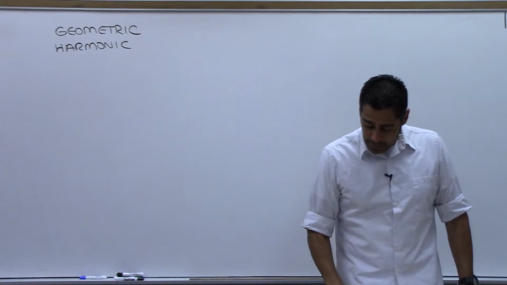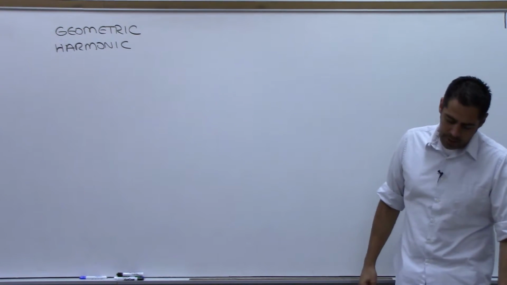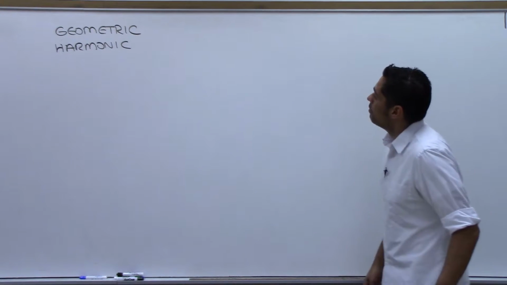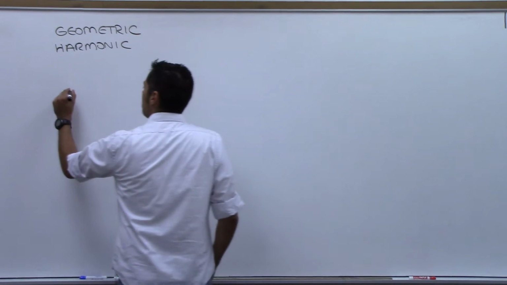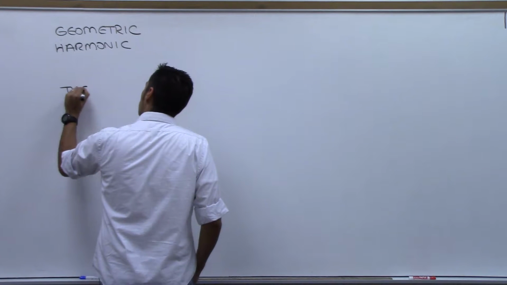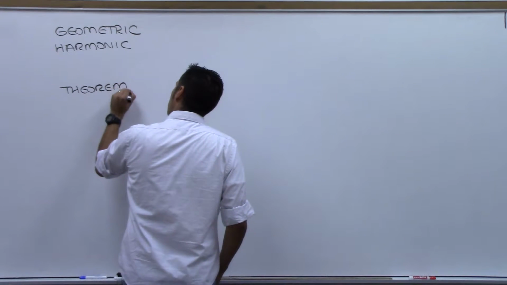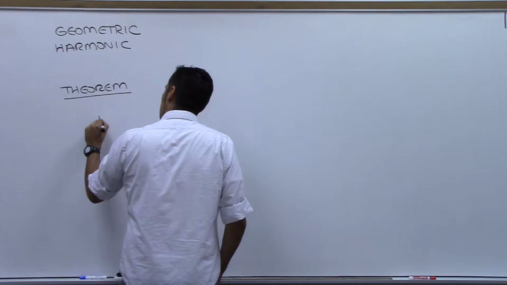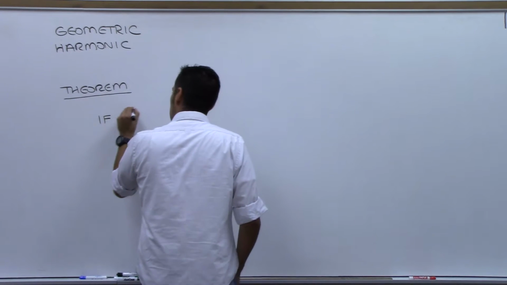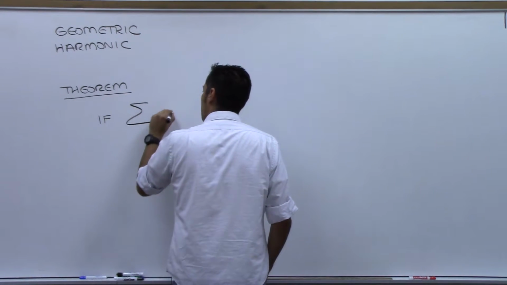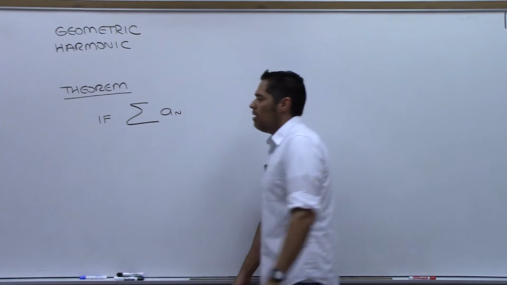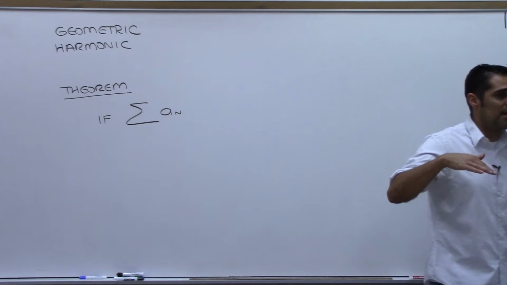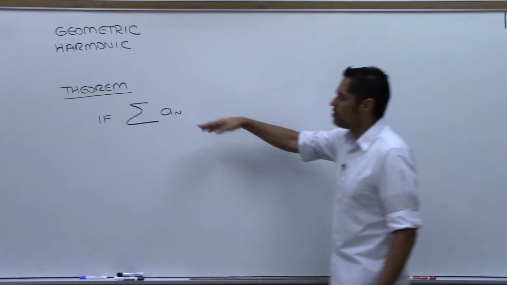All right, so we're going to talk about a couple of other series today, but there's a couple of theorems that we want to get through. So the first theorem says this. If you have a series, I'm just going to write this. I did not put what n starts at, and n goes to infinity.